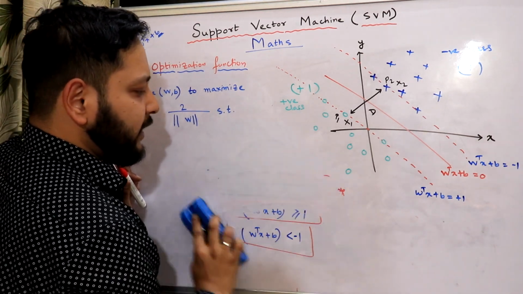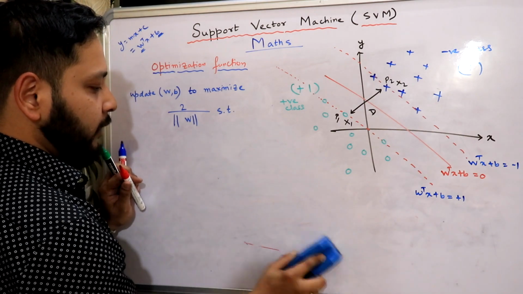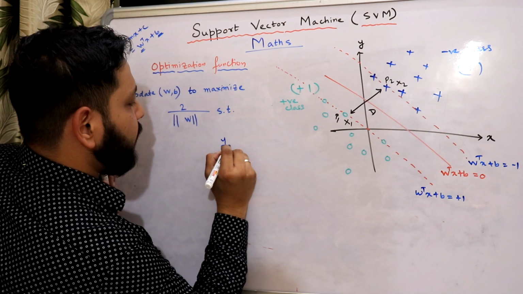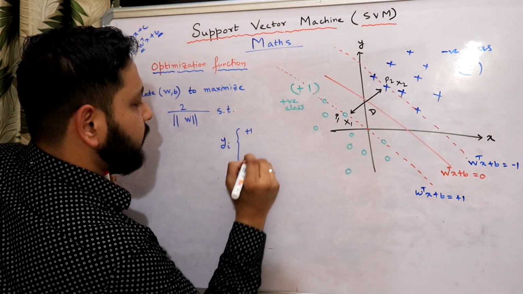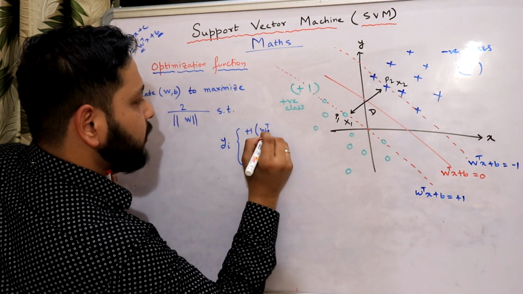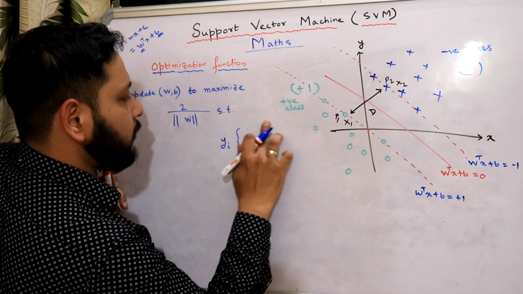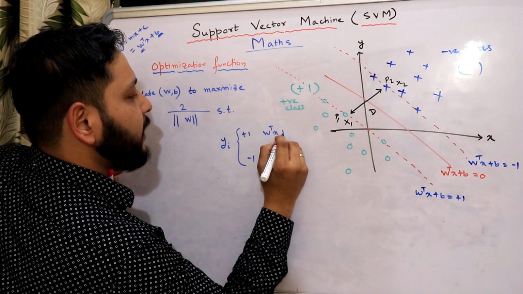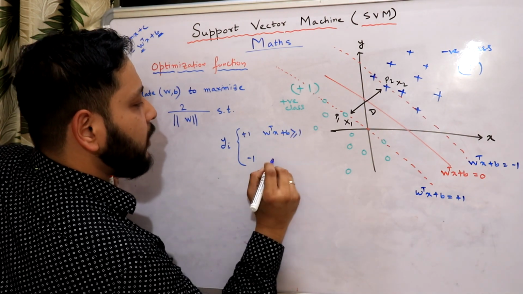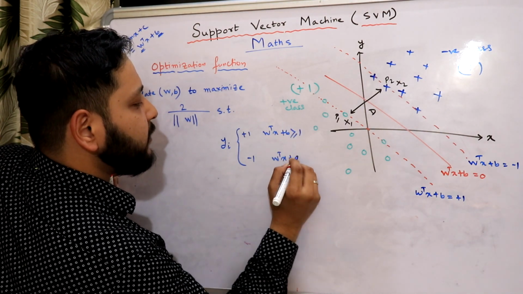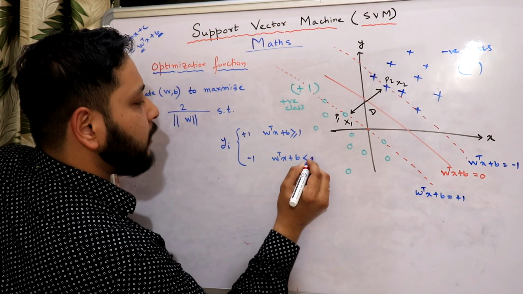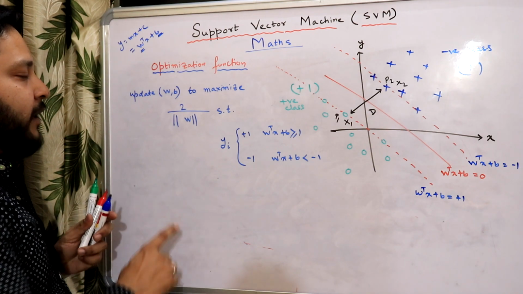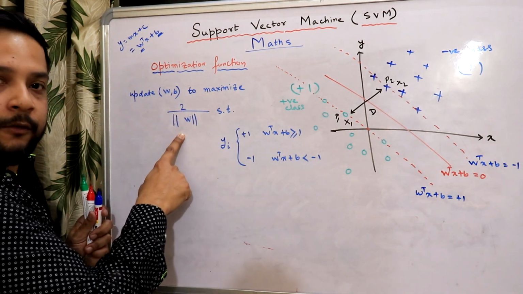We can also mention it this way: such that y of i, plus 1 or minus 1, times w transpose of x plus b is greater than or equal to 1.